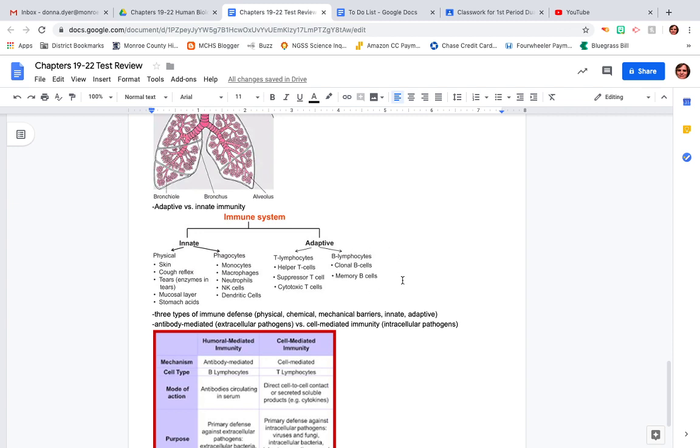We actually, in our lecture, divided immunity into three lines of defense: the physical, chemical, mechanical barriers, which would be this part; the innate, which we call this part; and then the adaptive, which would be both cell-mediated and antibody-mediated.